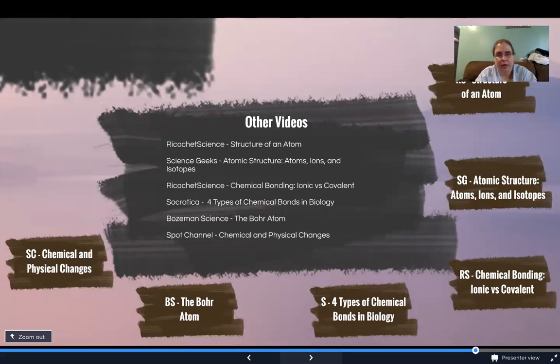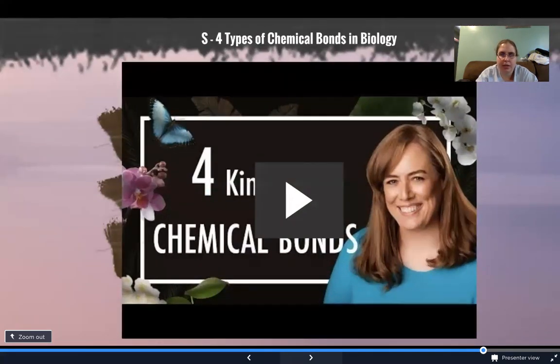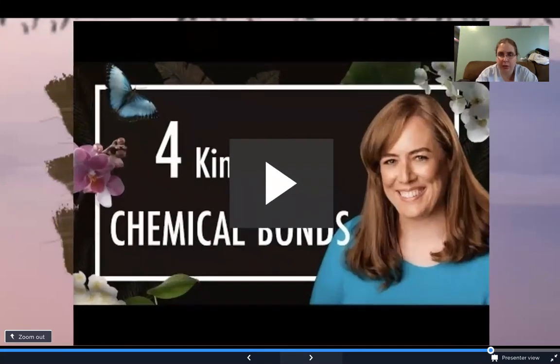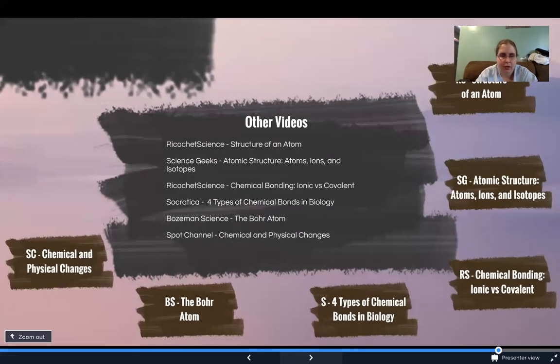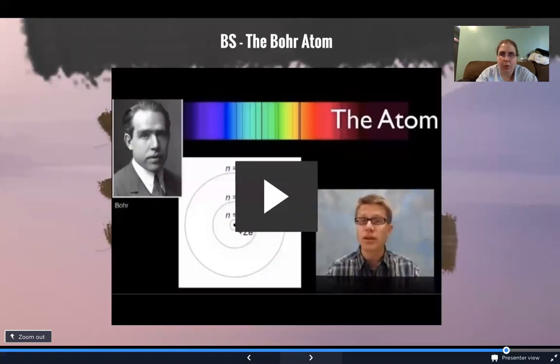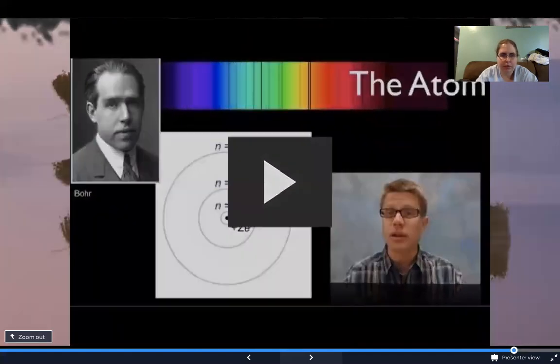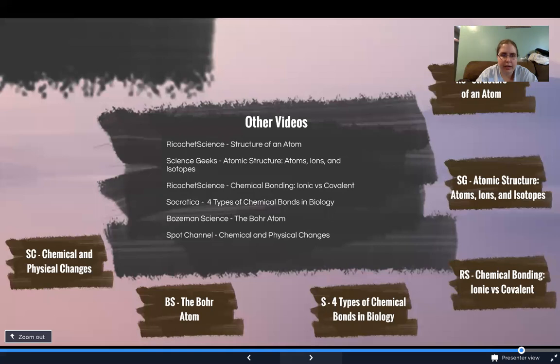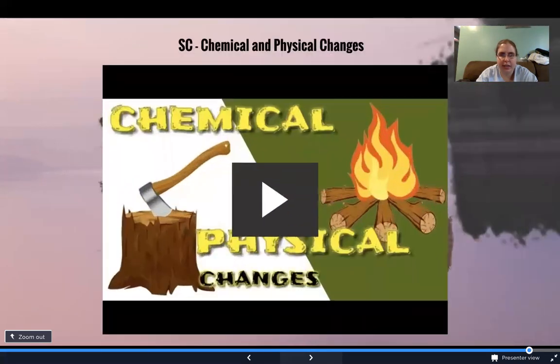We have Socratica, which looks at four types of chemical bonds, and this one does include the van der Waals forces, so that's why I included it. Boseman Science, the Bohr Atom, and then we have Spot Channel looking at chemical and physical changes.